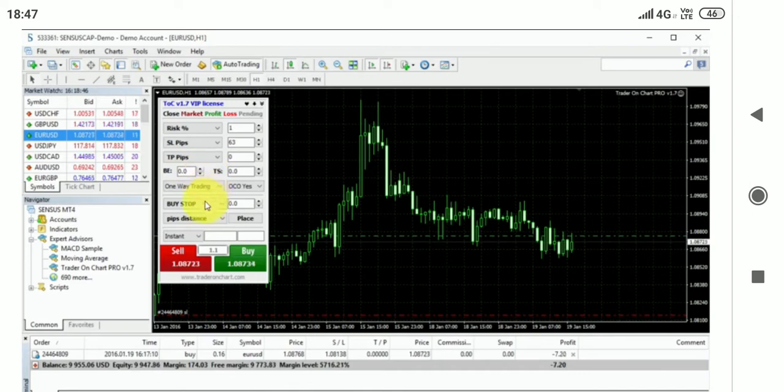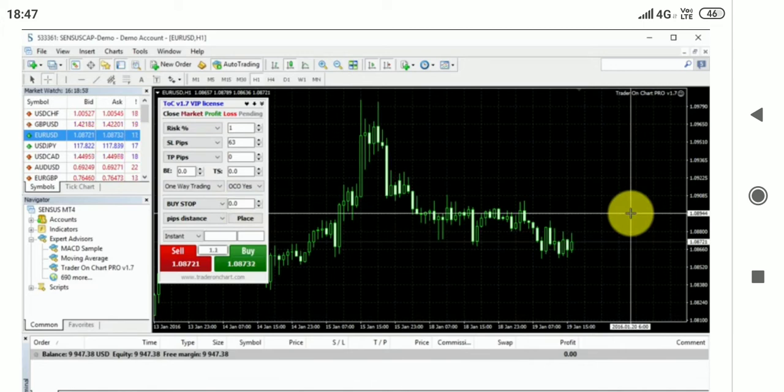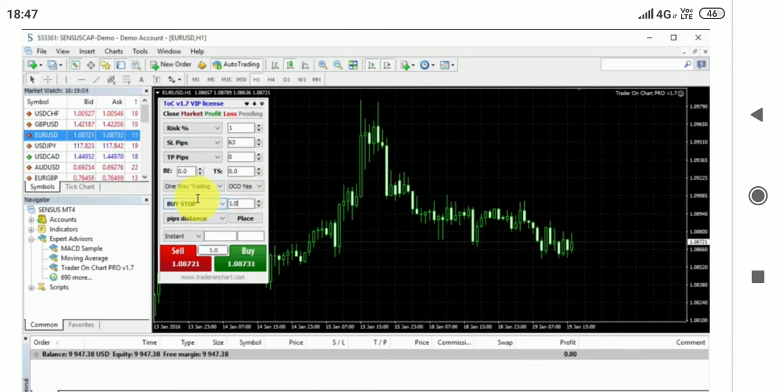Now let's take a look at the pending orders. Let me just close this market trade right now, and I want to place a buy stop, let's say somewhere around this point right here. So yeah, 1.09.